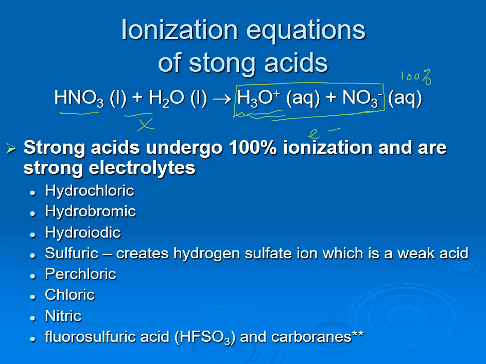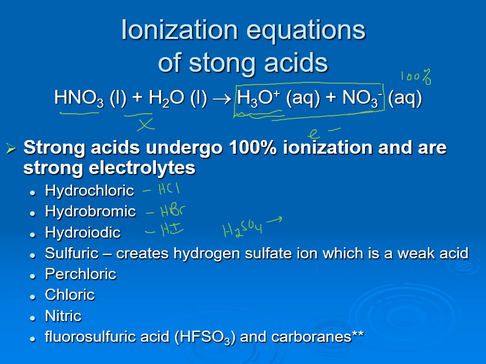The strong acids will all do this, to include hydrochloric, hydrobromic, hydroiodic, the halogen acids, right? Sulfuric acid, which actually undergoes a stepwise ionization. It loses one hydrogen at a time.